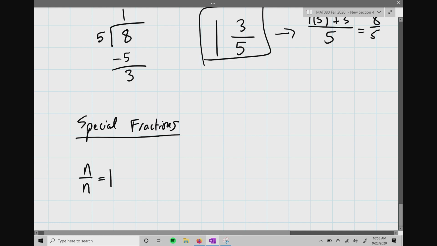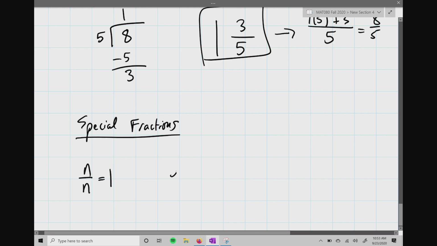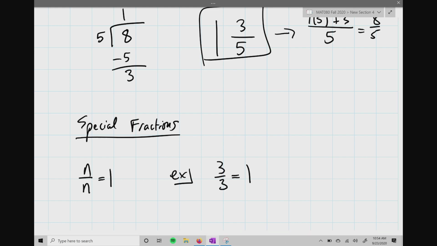In other words, when you have a number that is the same on the top and bottom, those fractions always equal 1. It's kind of like you're saying, what's 3 divided by 3? 3 divided by 3 equals 1. Now, there is a little, I don't want to say an exception, but there is something that we need to follow.